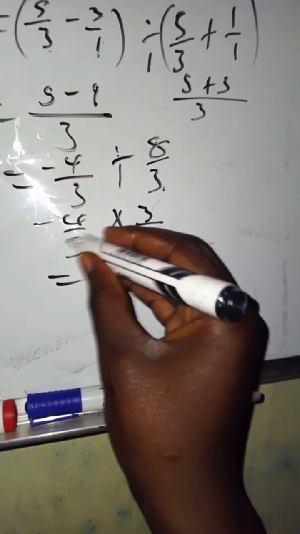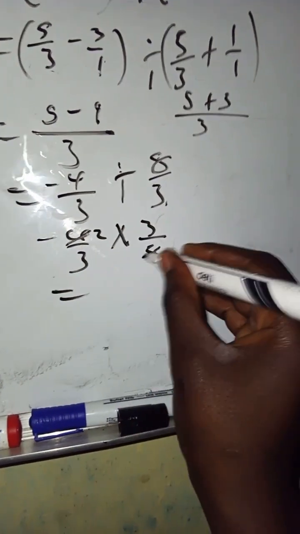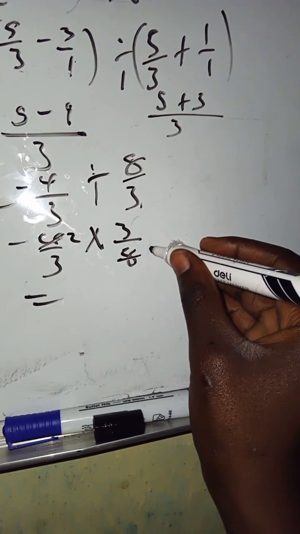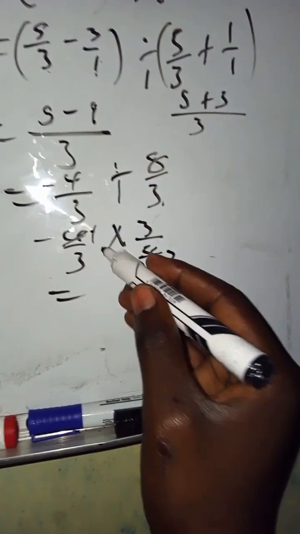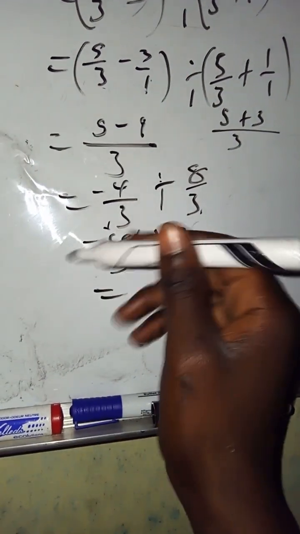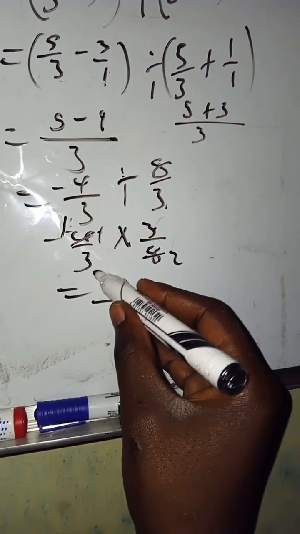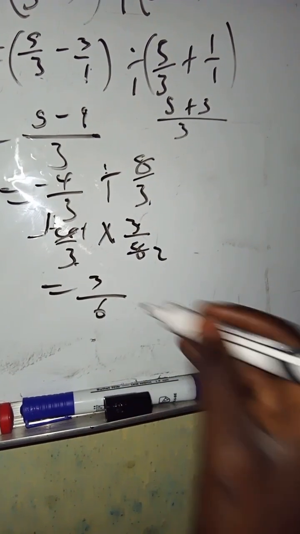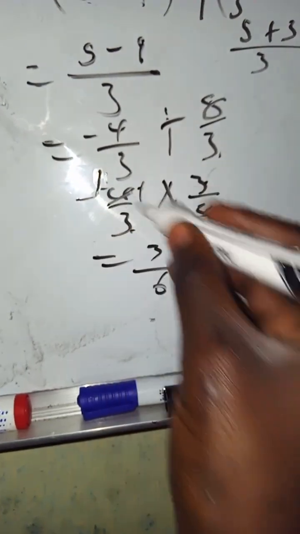And therefore this gives us what? You can say 4 here 1, then 4 here 2. So 1 times 3, that would be 3. Then dividing by 3 times 2, which is 6. So you have 3 over 6. Now check. This is negative here.